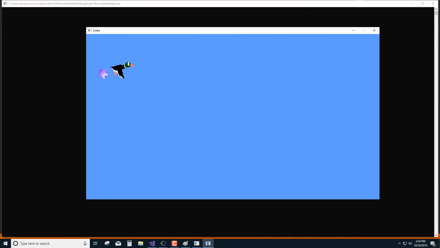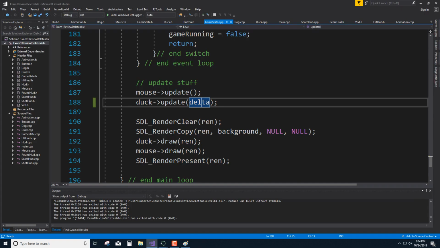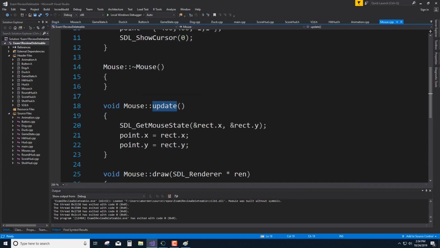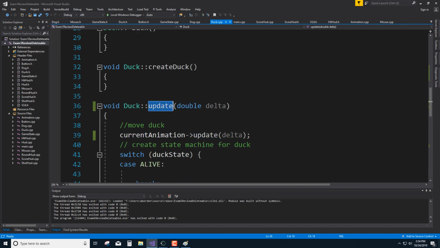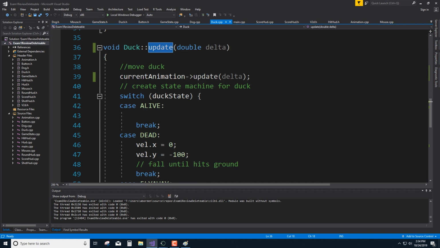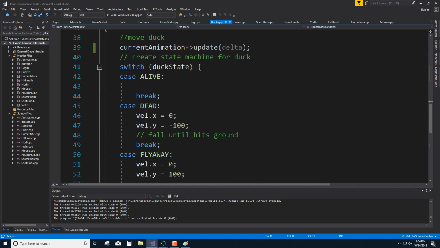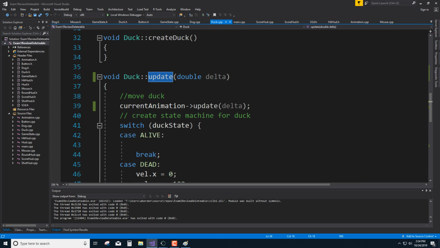No. Doesn't work at all. Duck's broke. Magic duck is magic duck. Duck is broken. Duck OP, please nerf. Okay, so what's going on here? The update.